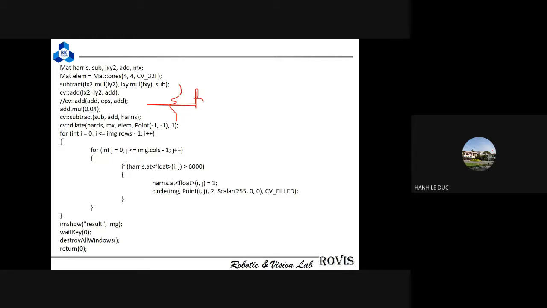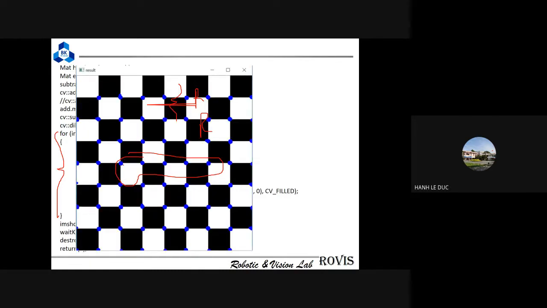And then we go through the R matrix, scan the rows and columns, and apply the threshold. If you program by hand without the OpenCV function, this is the result. So it's similar to using the Harris corner of OpenCV.